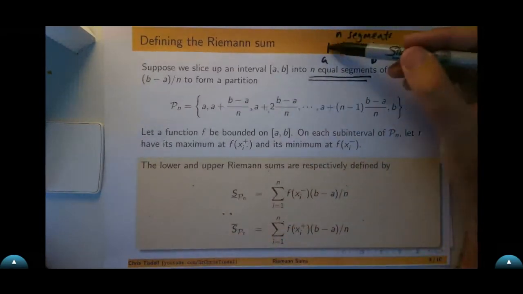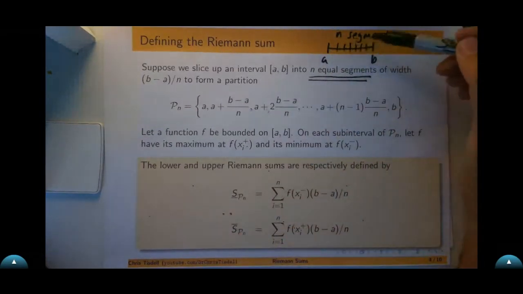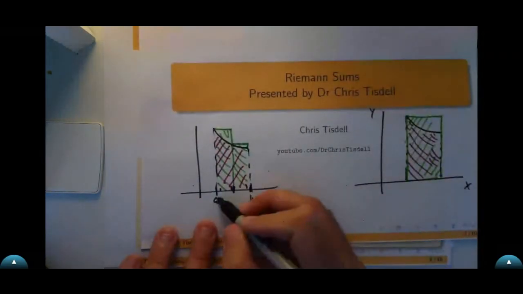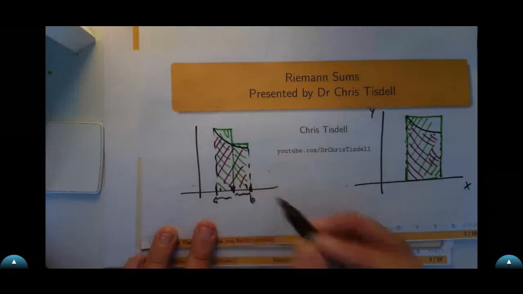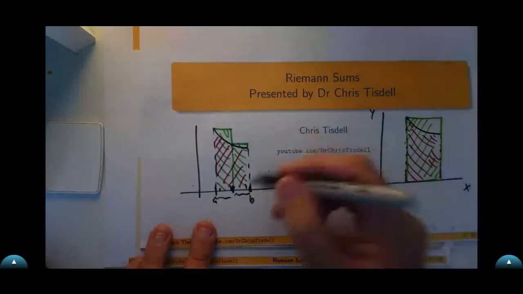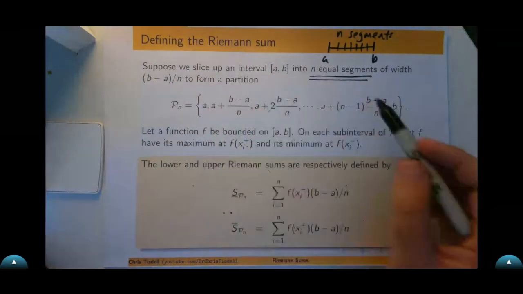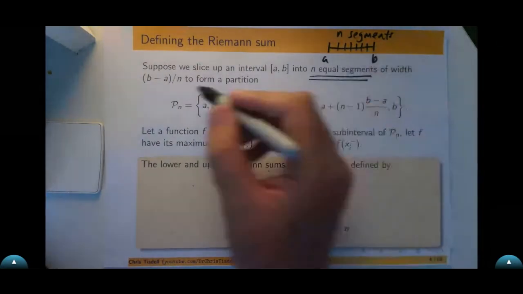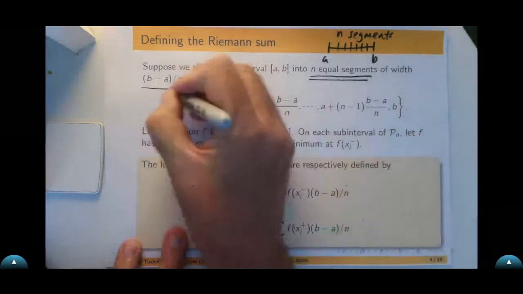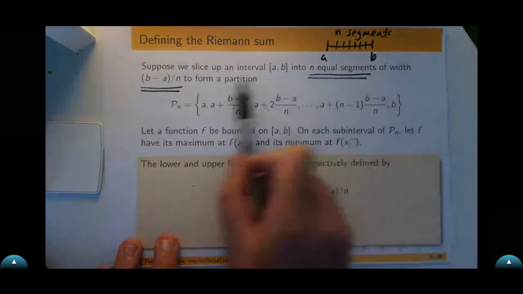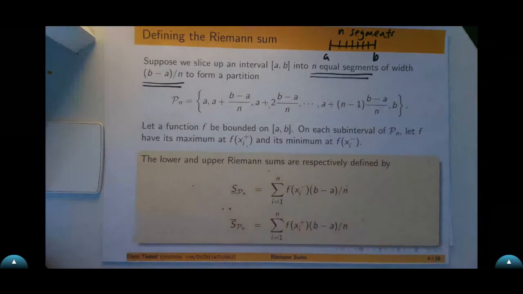Each of these segments is going to be the base of our rectangles, okay? So this is the base of one rectangle, this is the base of another rectangle. This is just a fancy way of splitting up an interval AB into equal segments, all right?